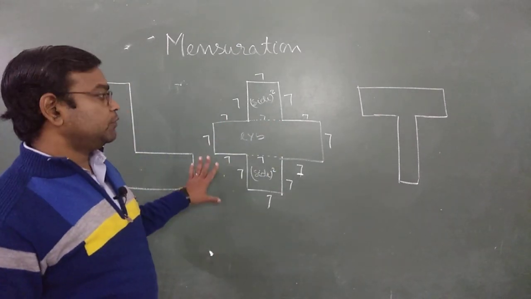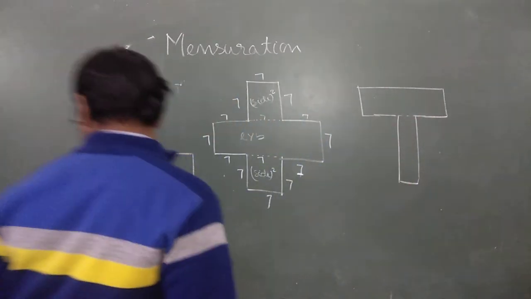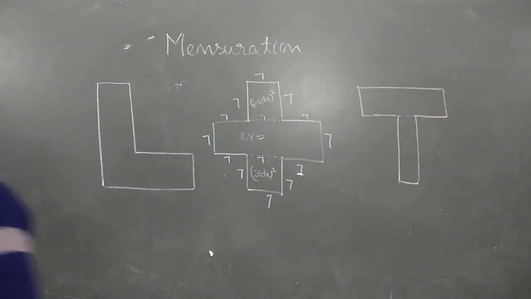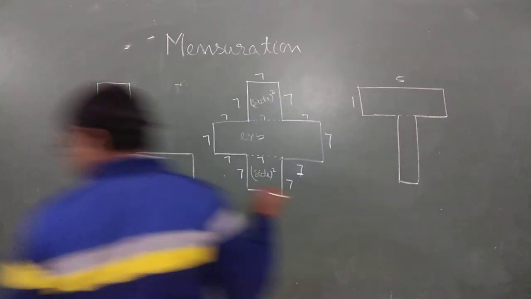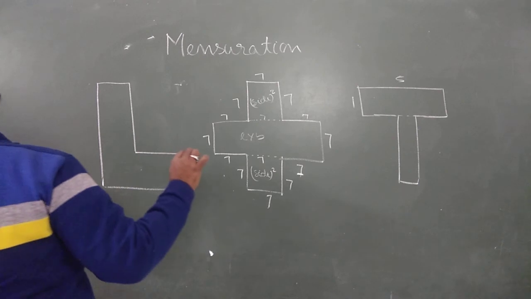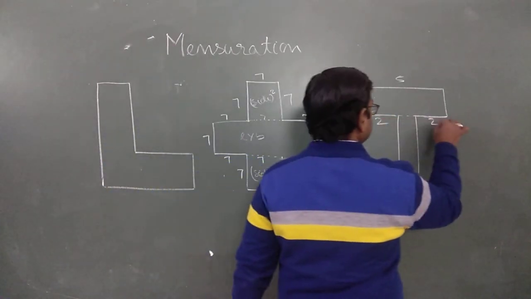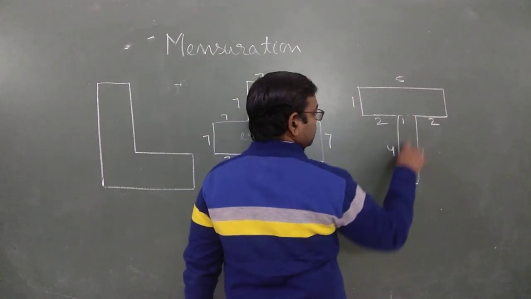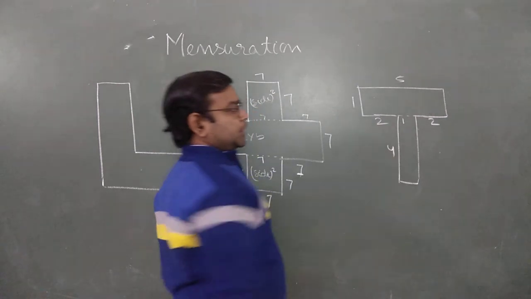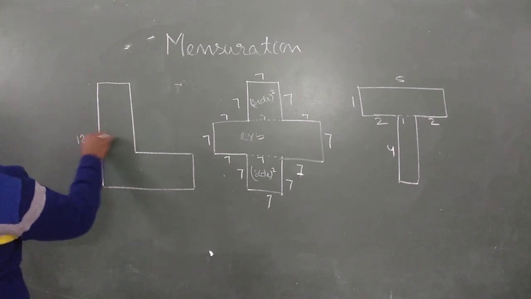Likewise, in this case you have to join this. Here it's 5, it's 1, these are 2 and this is 4. So you can easily say that this is 1. So this is one rectangle and this is another rectangle. You can easily find out. Similarly in this case, it's 12, it's 10.